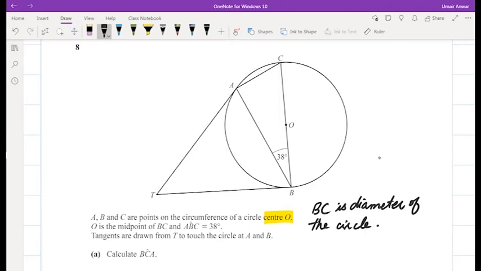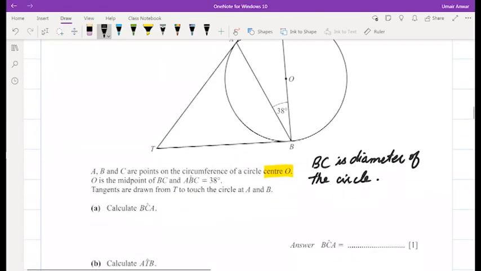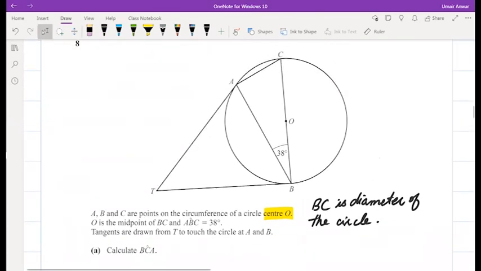Then the next statement says tangents are drawn from P to touch the circle at A and B. Now we are required to calculate the angle BCA.